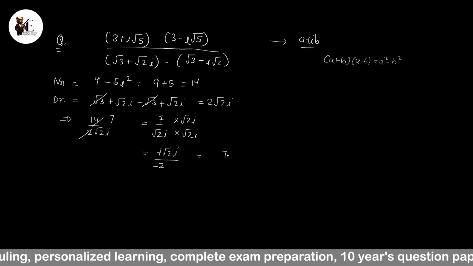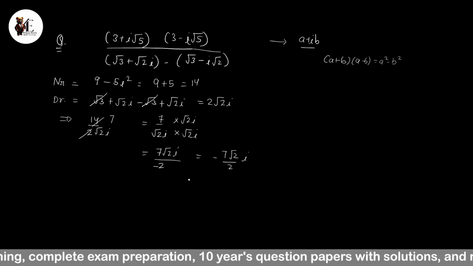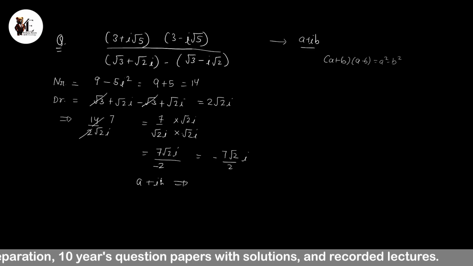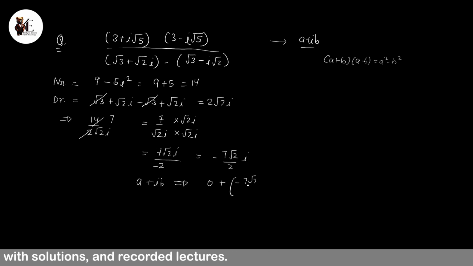So it will be minus 7 root 2I over 2. If I have to write this in a plus ib form, we don't have any real part over here, so that will be 0 plus the imaginary part. Please go through this once, and if you have any doubt, do let me know.